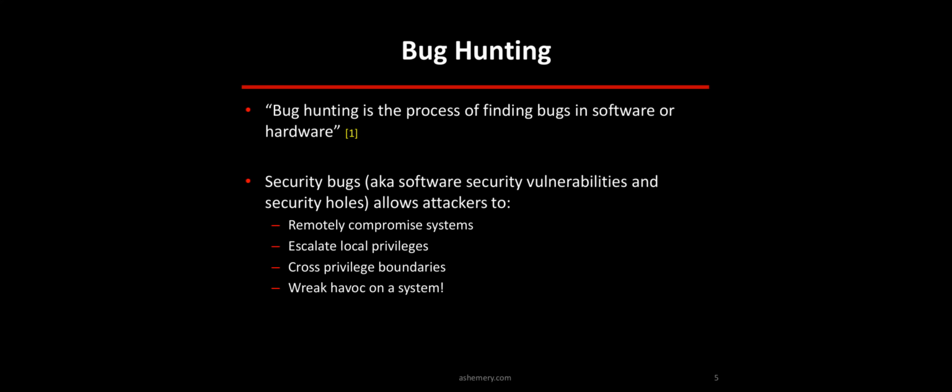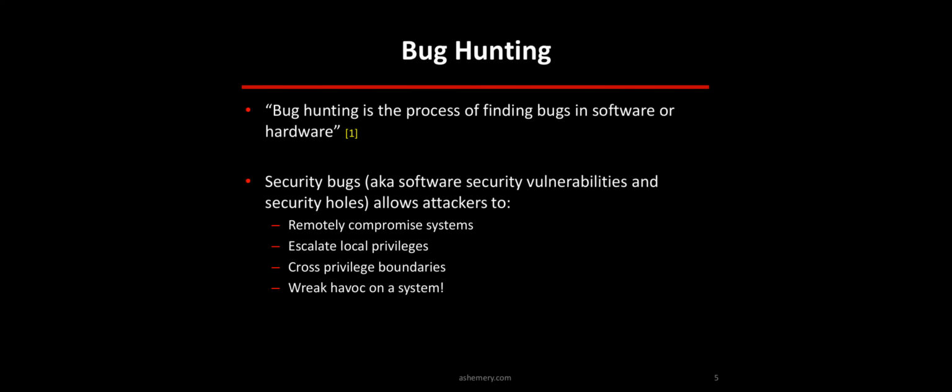Also, escalate local privileges. If we go back to the same example, imagine as a threat actor you gained access using this network, and now you managed to reach the system. But let's say you found out that you are running as a normal user, so it doesn't give you a good advantage over the system.